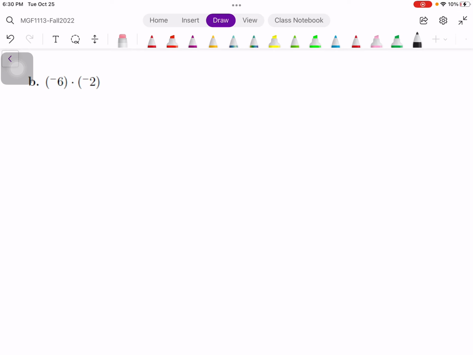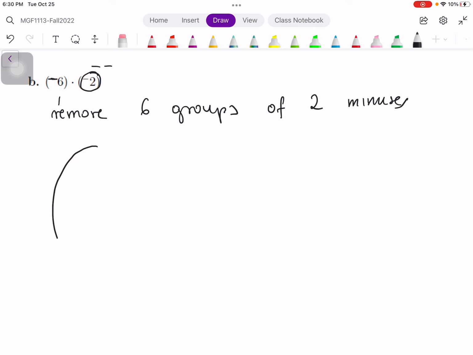So that would stand for remove 6 groups of 2 minuses. Because minus 2, we think of it as 2 minuses, right? And 6 remove because of this minus, and 6 groups, right? So remove, but remember you're starting with nothing.